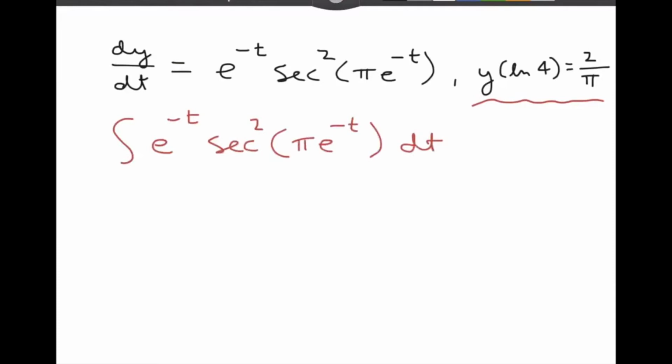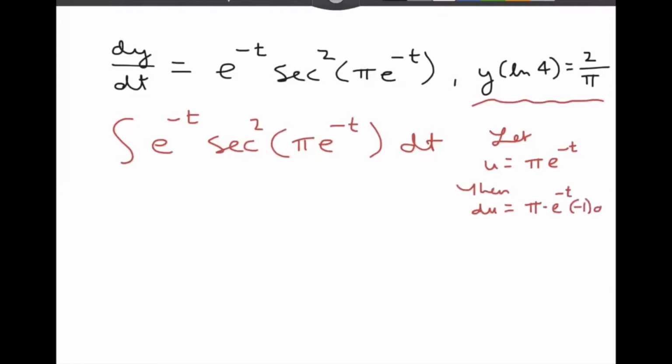This is another substitution. I'm going to let u equal pi e to the negative t, which is going to make du pi times the derivative of e to the negative t. The derivative of e to the negative t is e to the negative t times the derivative of negative t, which is negative 1.